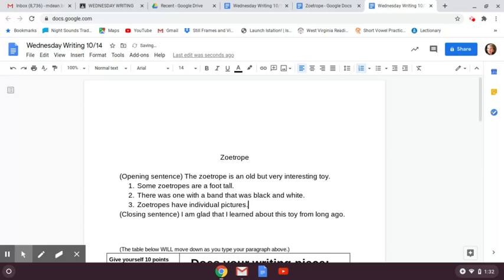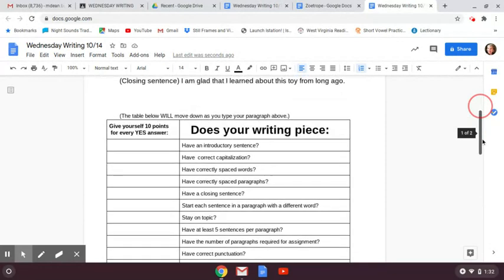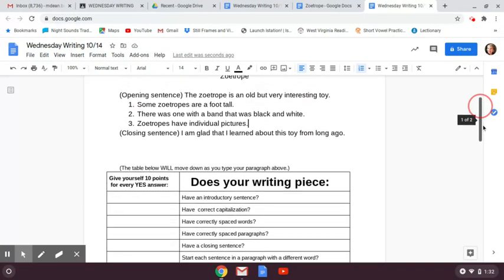Okay. All right. So I'm looking in my little sandbox. I'm checking everything out because I want everything to be able to get a 10 point down here. So right now I'm going to say, do I have an introductory sentence? The zoetrope is an old but very interesting toy. There's my opening sentence. Does it have correct capitalization? The, some, the, zoetrope, I, all those are capitals.